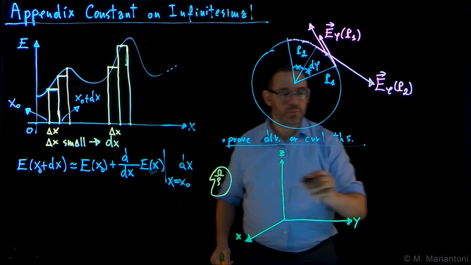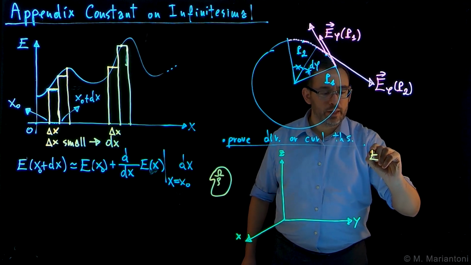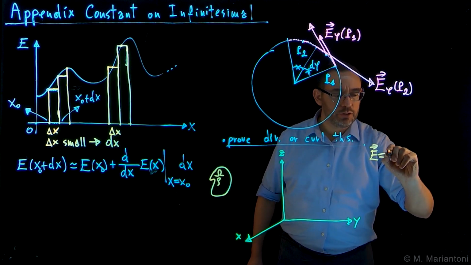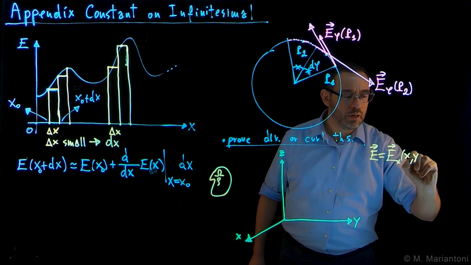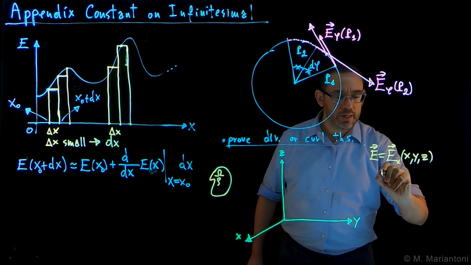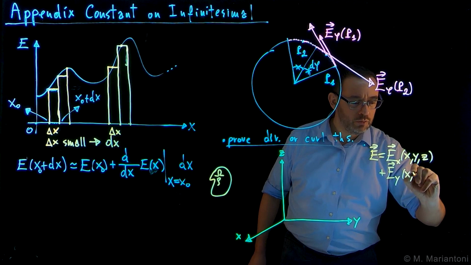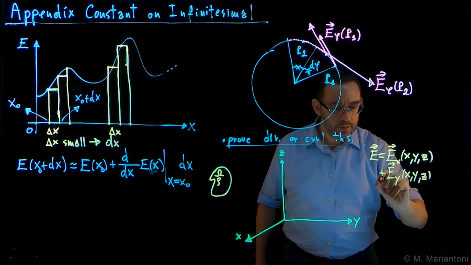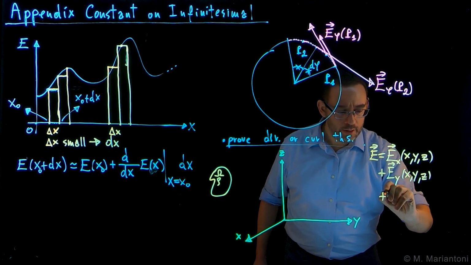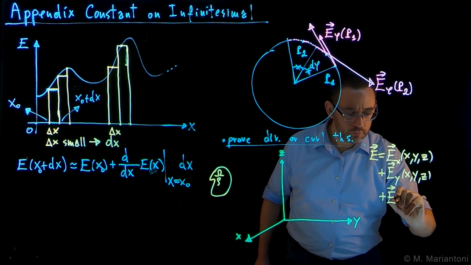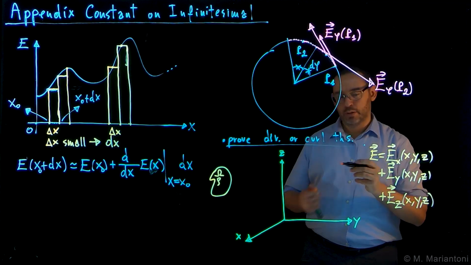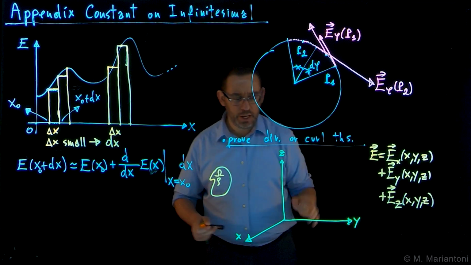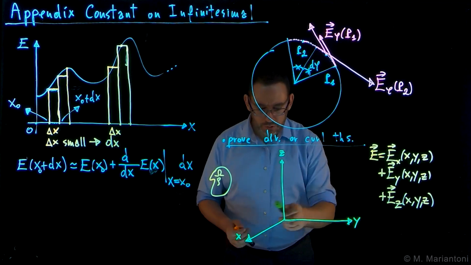Let's say it is a very complicated structure, so it has 3 components. It has an Ex component, which can be a function of x, y, and z, plus a y component, which is a function of x, y, and z. And finally, it also has a z component, which is also a function of x, y, and z. Very generic.